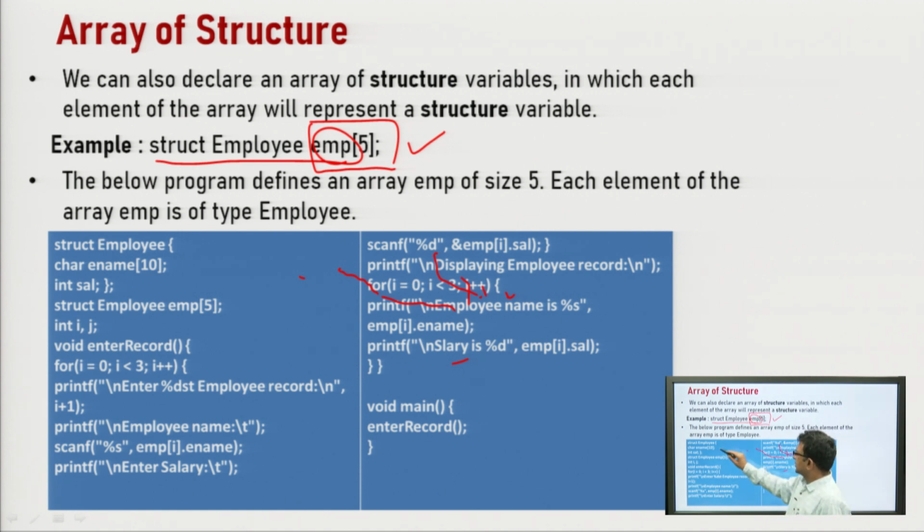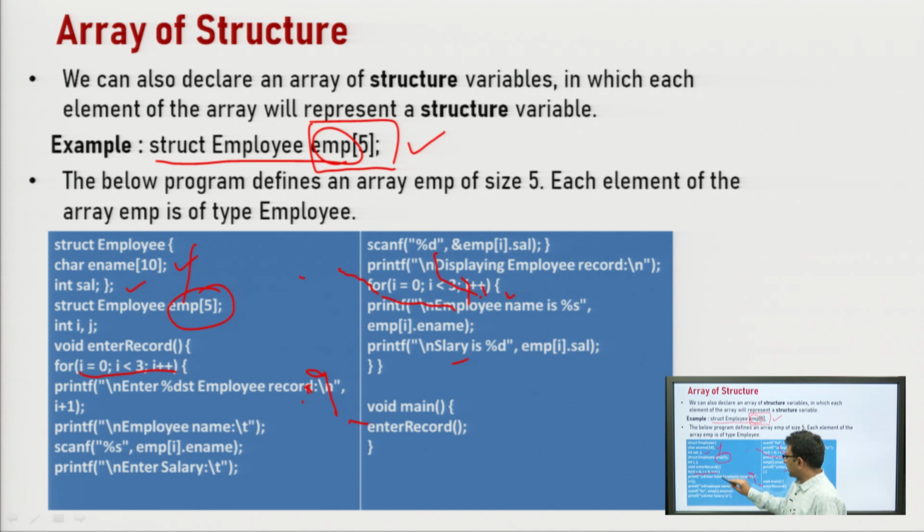Just see here the definition of the employee structure: we have 2 fields mentioned over here. Now, we have declared an array of structure variables of size 5, but here we have used only 3 variables: 0, 1 and 2. So we are entering the records for the 3 employees over here.